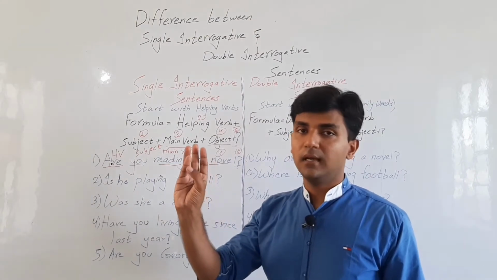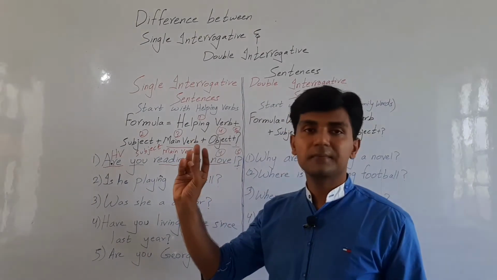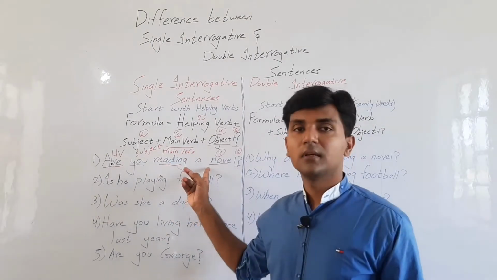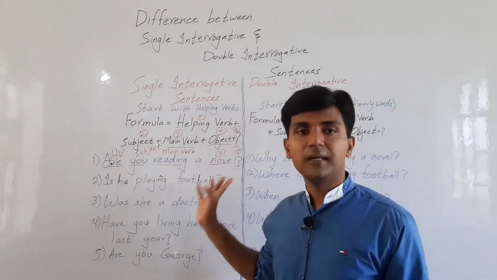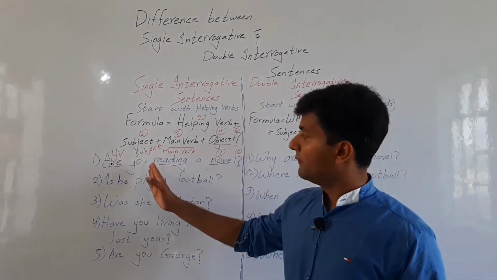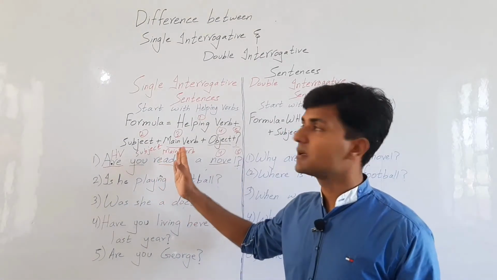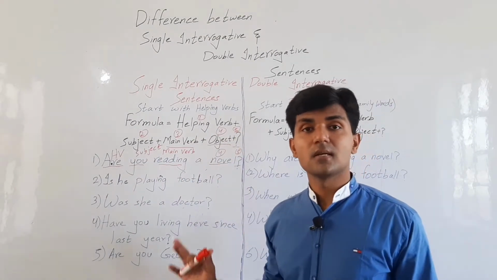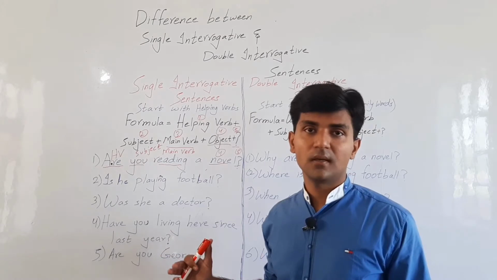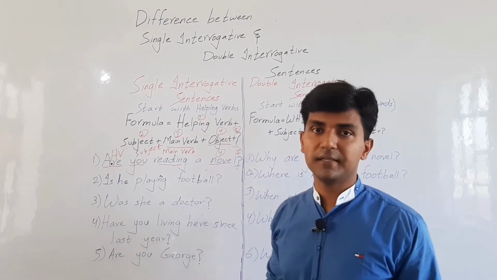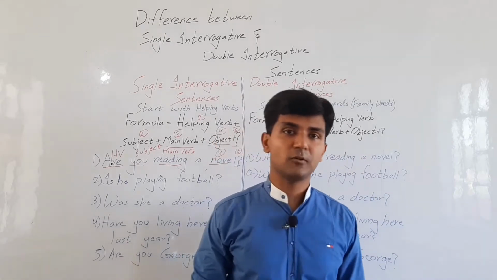At first the helping verb, at second the subject, at third the main verb, at fourth the object, and at last there will be a question mark. Now we have to compare this sentence with the double interrogative sentence. Now we have to convert this single interrogative sentence into a double interrogative sentence.